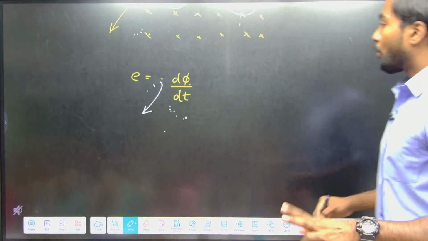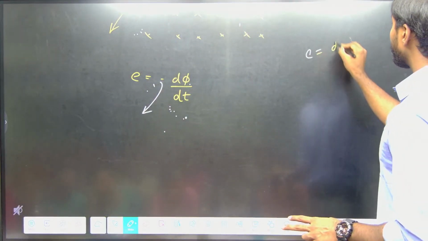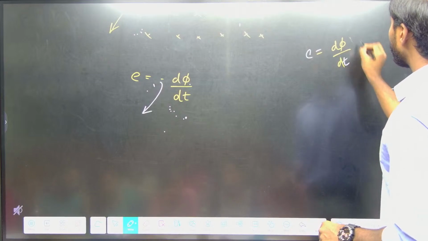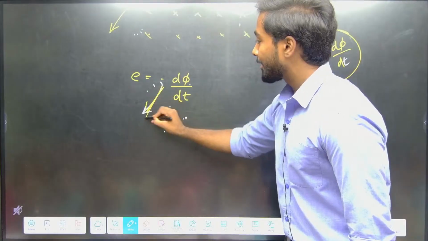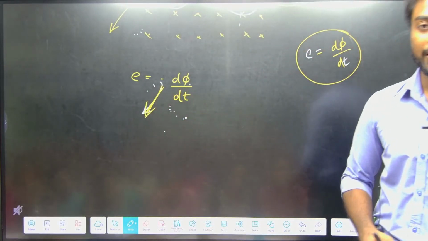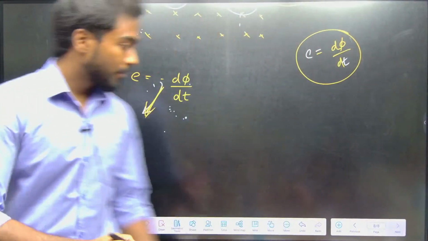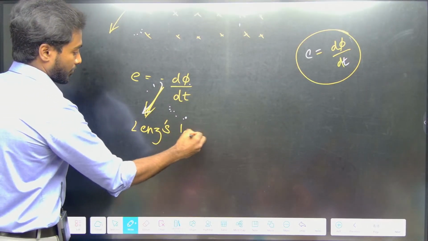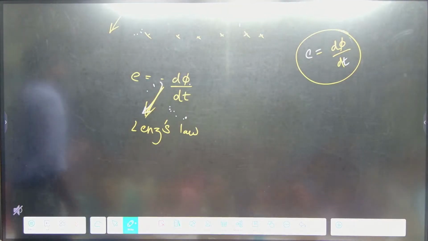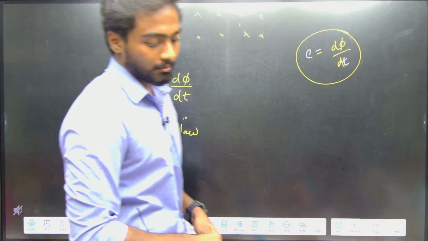So only up to E is equal to dφ/dt has been given by Faraday. This negative symbol, which means the direction, has been given by Lenz. Lenz's law. The direction is given by Lenz.